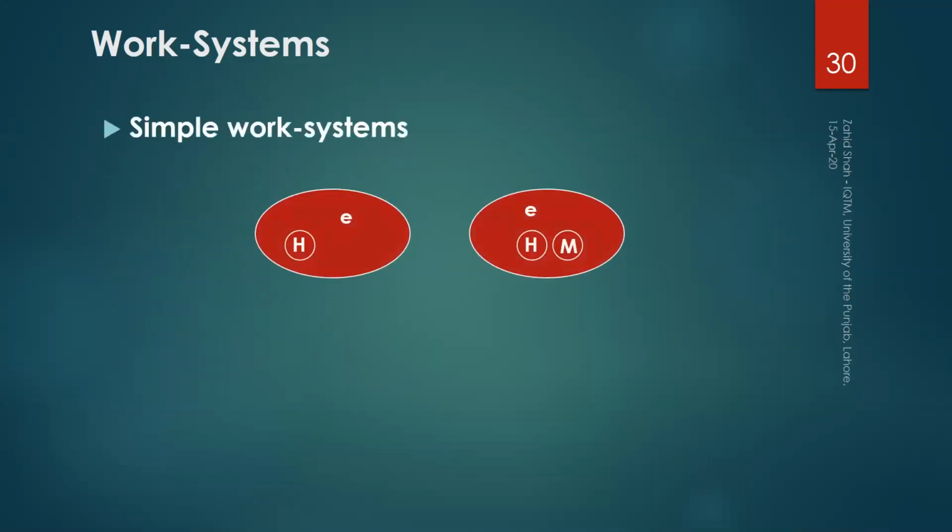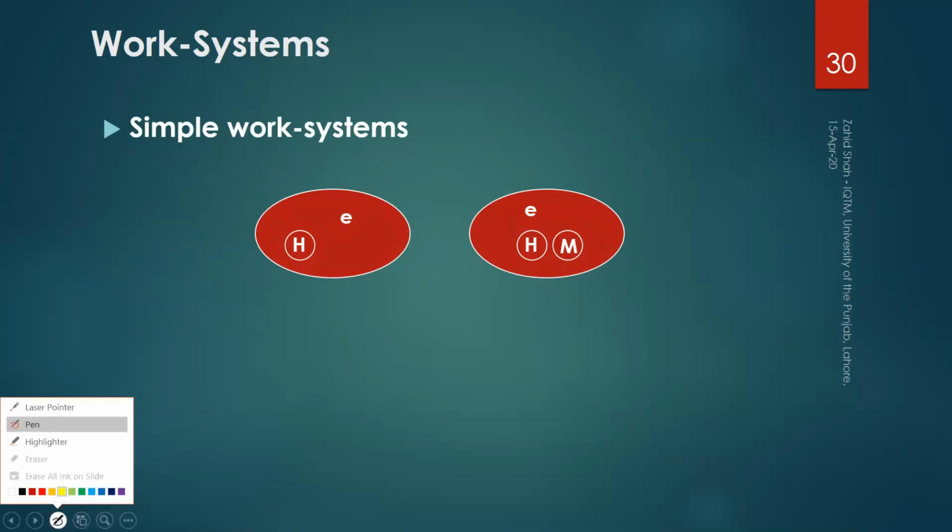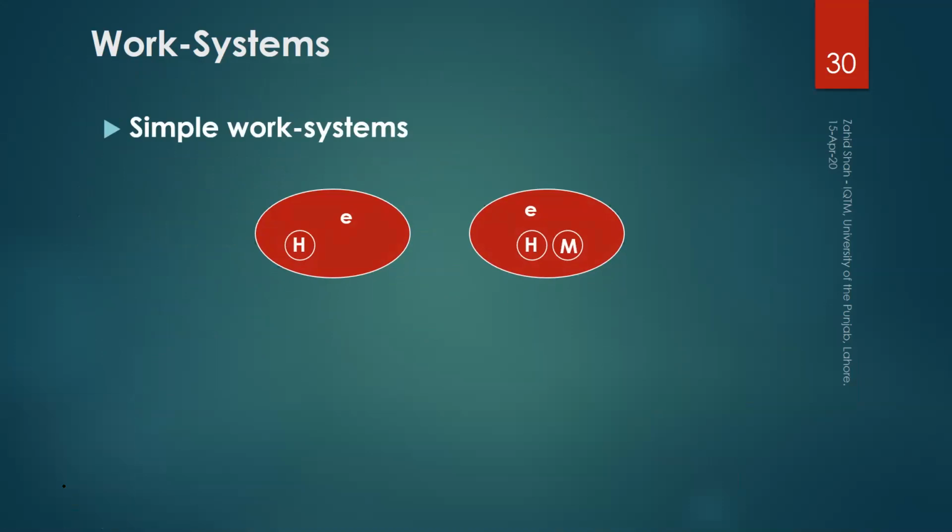So in all definitions, we saw that there was a user and there was an environment in which that user was working, and environment had different meanings. The simplest system could include a human, a user, and environment. A relatively complex system could include human, environment, as well as machine.